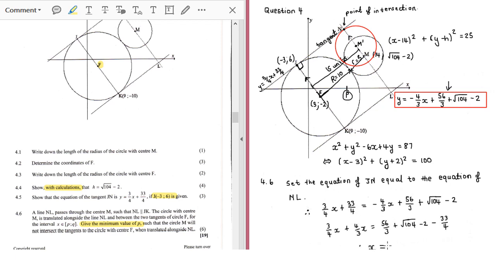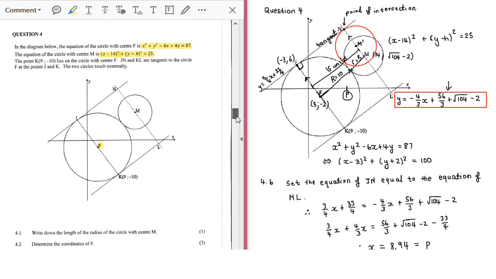If you punch all of that into the calculator, you get, to 2 decimal places, that the x value has to be 8.94. You can finalize this by saying that this also equals the value of P. And that takes care of question number 4.